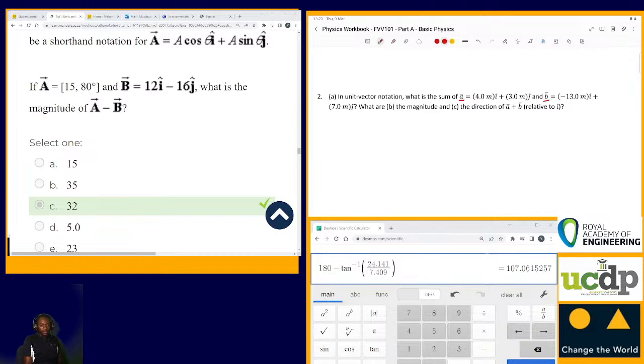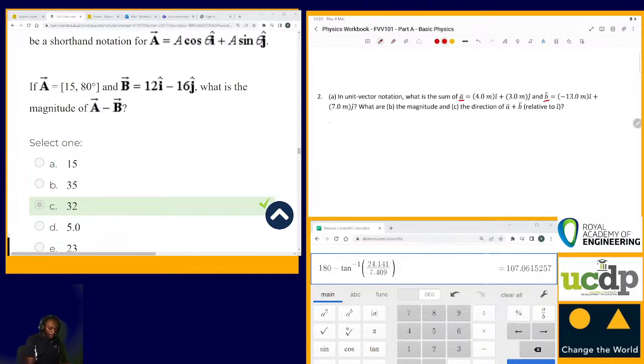What are we being asked to find? First, we're supposed to find the sum, then the magnitude, then the direction.